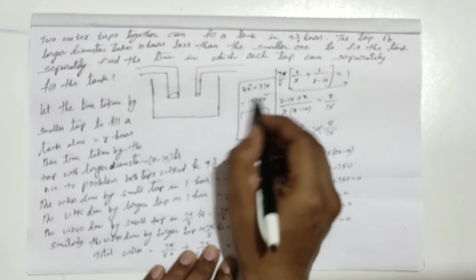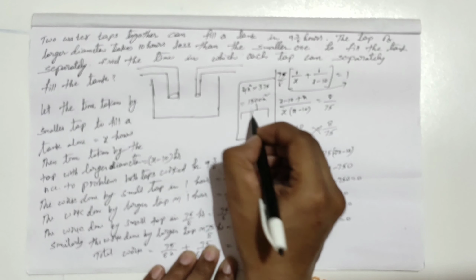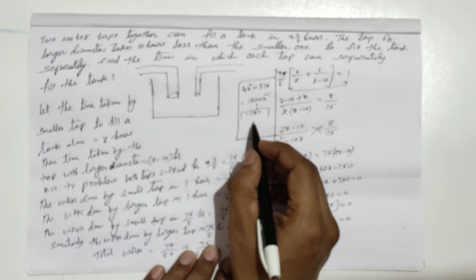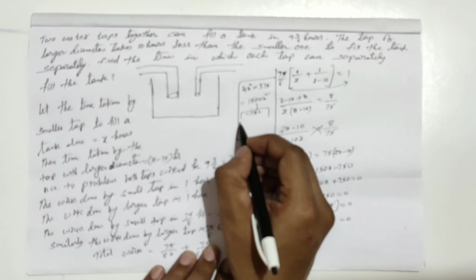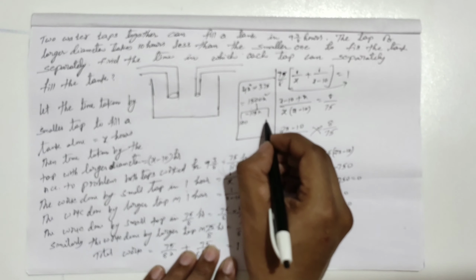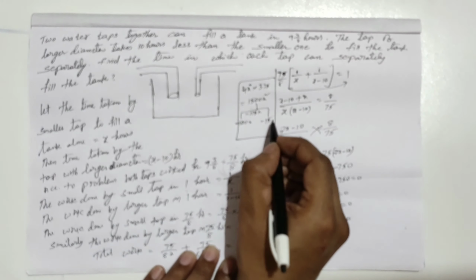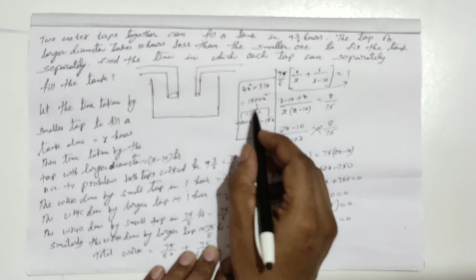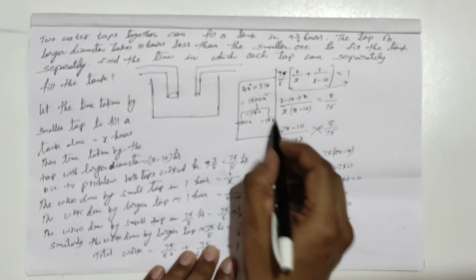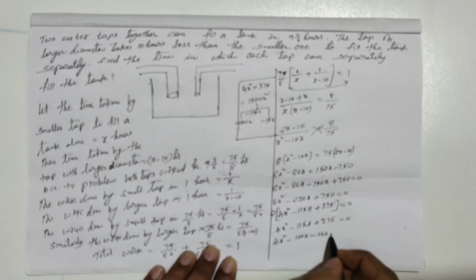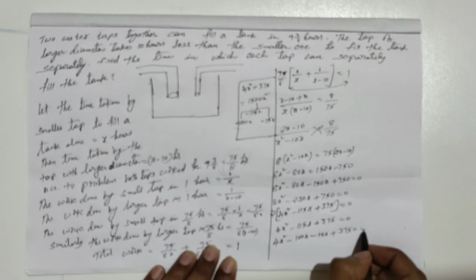That means we have to use the factors of 1500 to split the middle term. Here the middle term is minus 115x. So for 1500 factors, simply we can take 100 and 15. So we take minus 100x minus 15x; by addition of these two we get minus 115x, and on multiplication of these two we get 1500x square. So we can write minus 115x as minus 100x minus 15x plus 375 equal to 0.